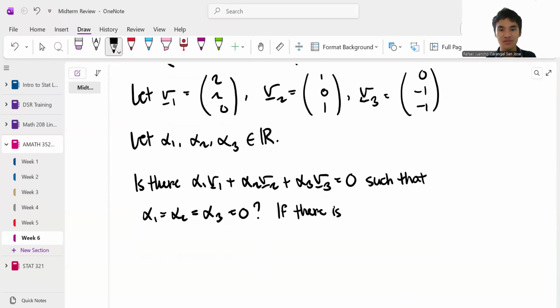If there is another solution, then the set is dependent.